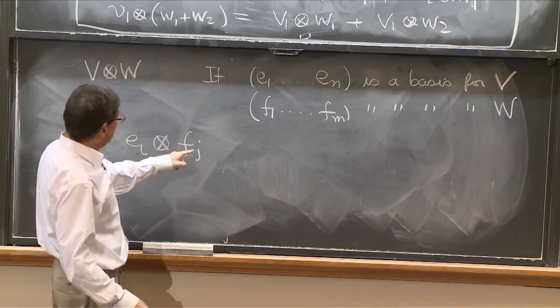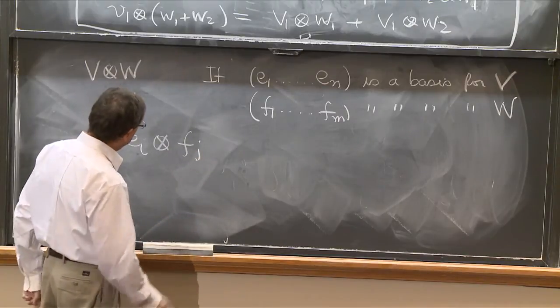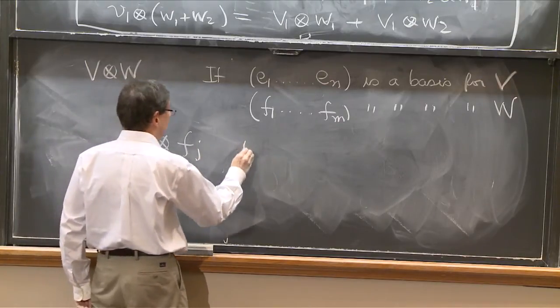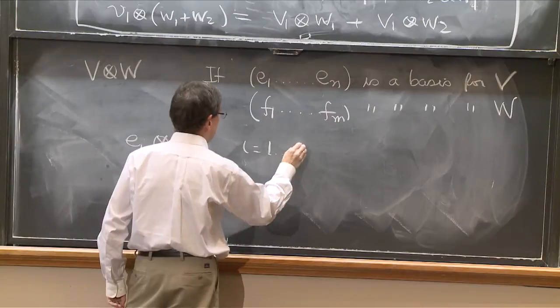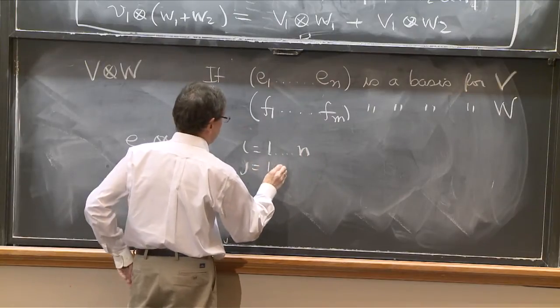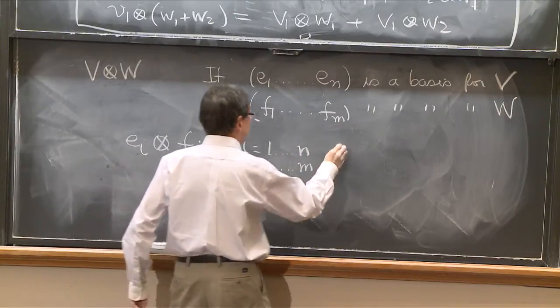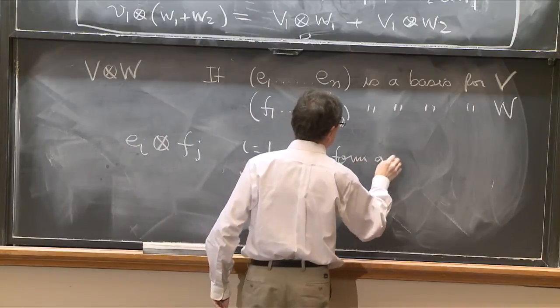There are n of these and m of those. For i from 1 up to n, j from 1 up to m, they form a basis for V tensor W.